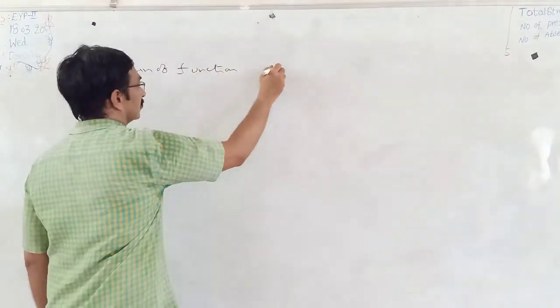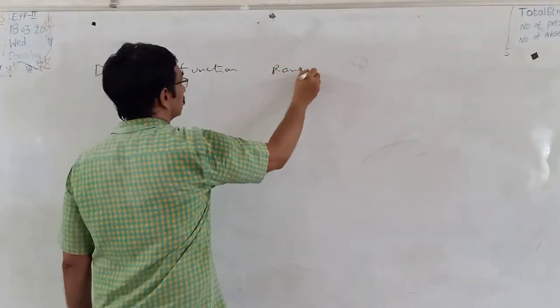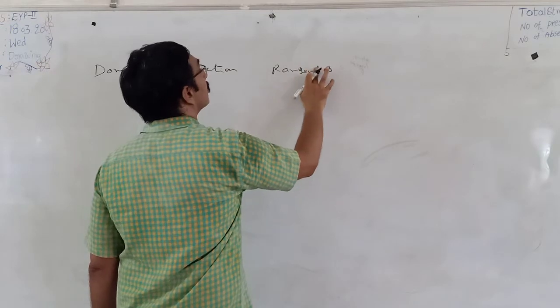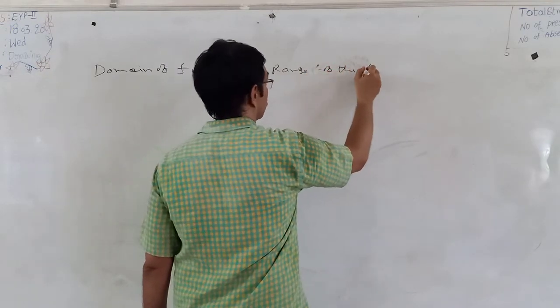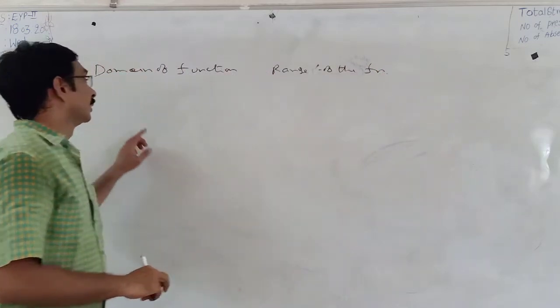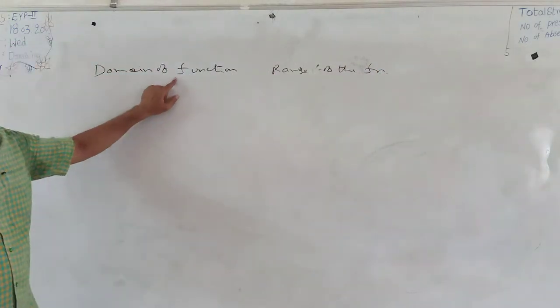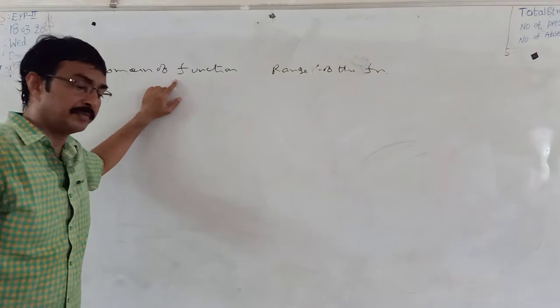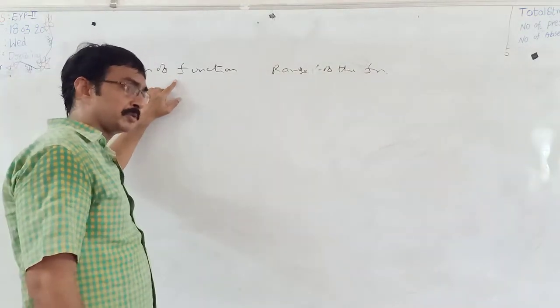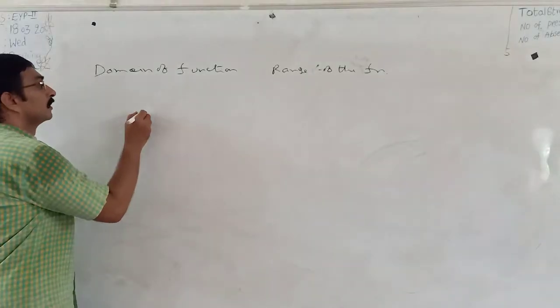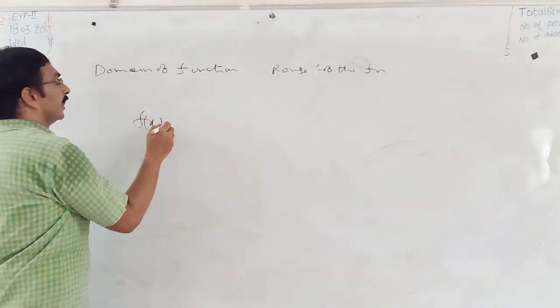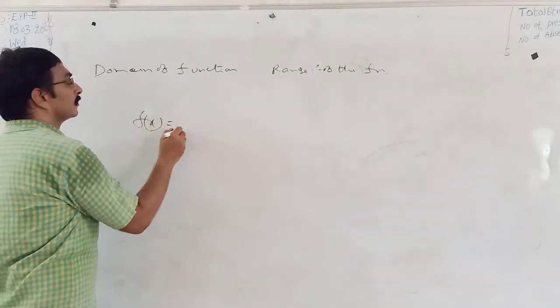Domain of the function. Range of the function. Domain of the function means the set of values of x for which f of x is defined. Suppose f of x equals root x.